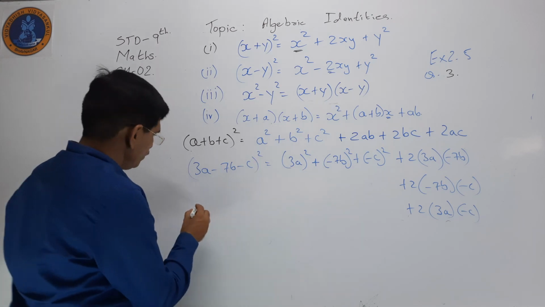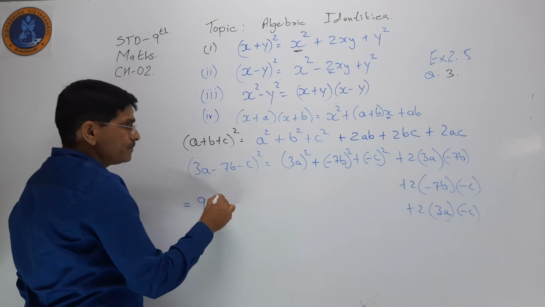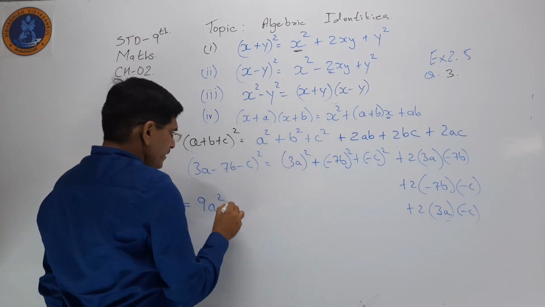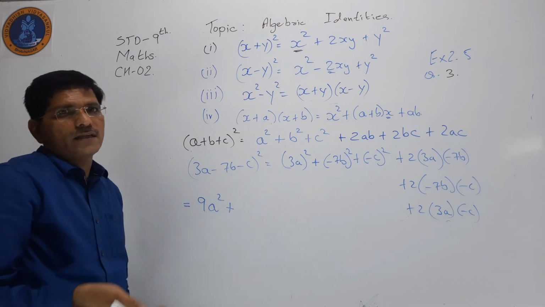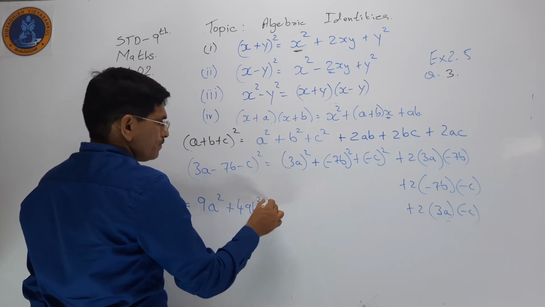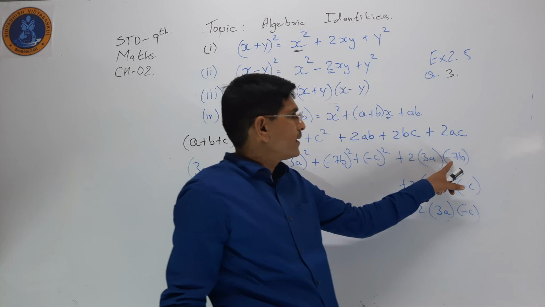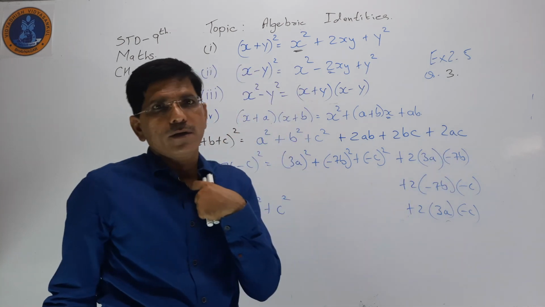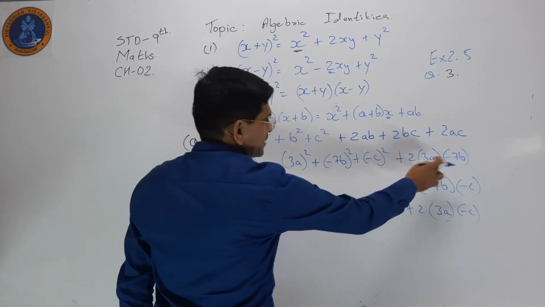So now 3 square, that is 9a square. Here a negative sign is there, but the power is 2. So with an even power, the answer is always positive, 49b square. c square. Now the important thing, one time negative is there, so it is odd, so the answer is negative. 3 2s are 6, 6 7s are 42.